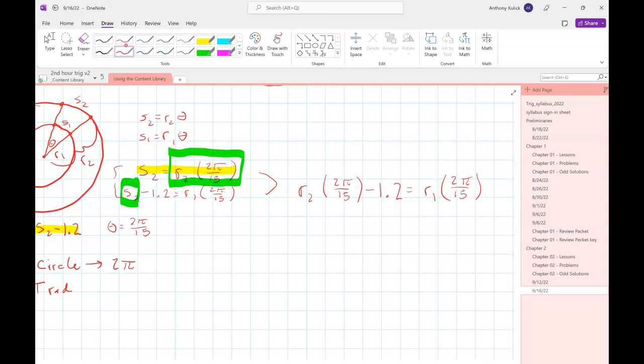Everybody's good with that? I'm going to subtract the R1 times 2 pi over 15 from both sides. And at the same time, I'm going to add the 1.2 to both sides. So I can get the variables on one side and my constant on the other.